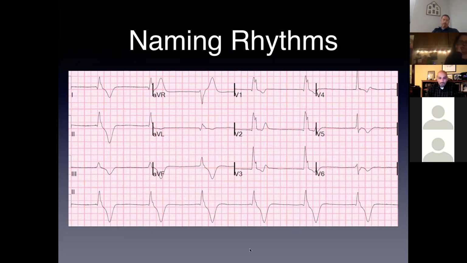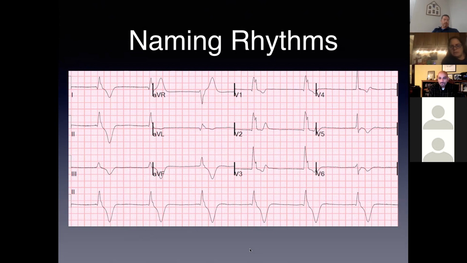All right. What do we have here? Ugly. Very ugly. Something junctional. I mean, ventricular. Why is it ventricular? It's wide complex. What's the rate? Slow. It's probably about 30. It's going to be less than 40, right?